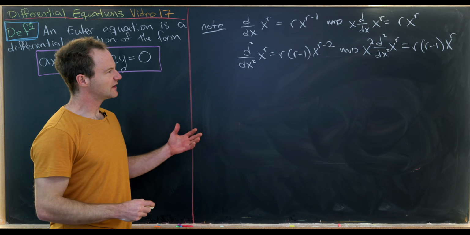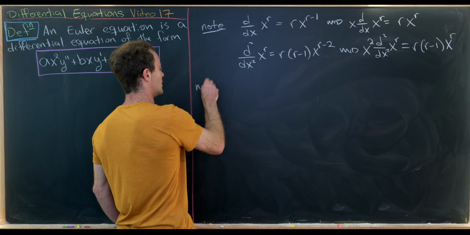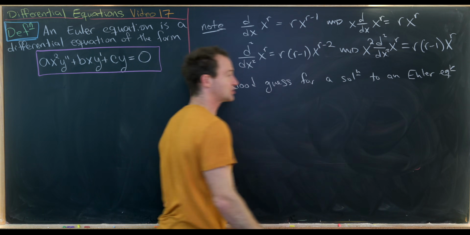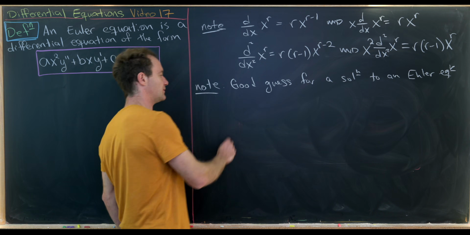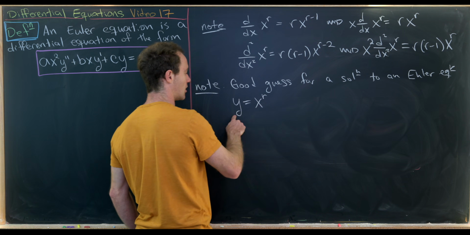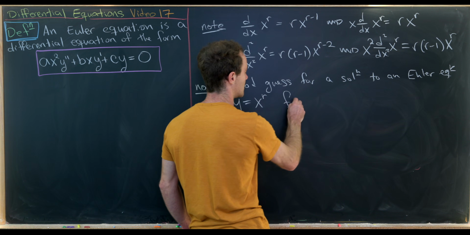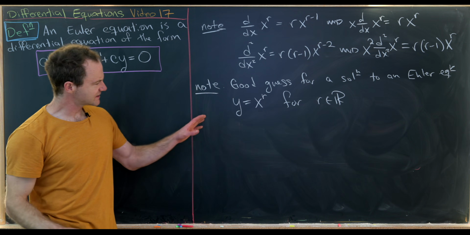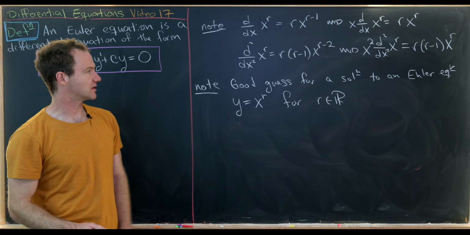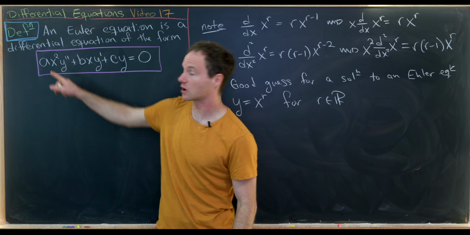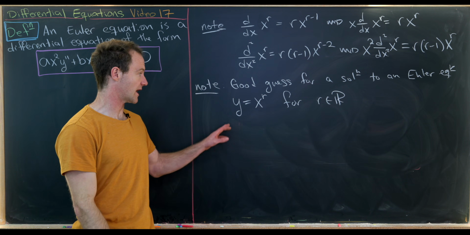Okay, so putting this all together, let's note that a good guess for a solution to an Euler equation would be something like this. Maybe we could have y equals x to the r for some real number r. And let's talk our way through why that might be a good guess. Well, that's because the second derivative only occurs when multiplying by x squared.